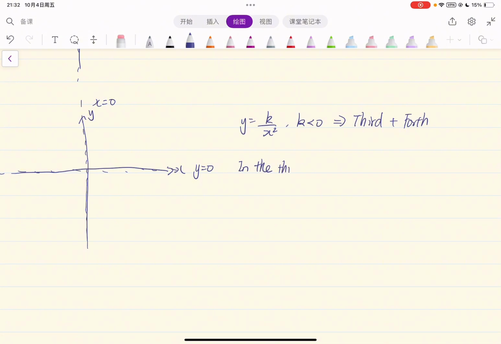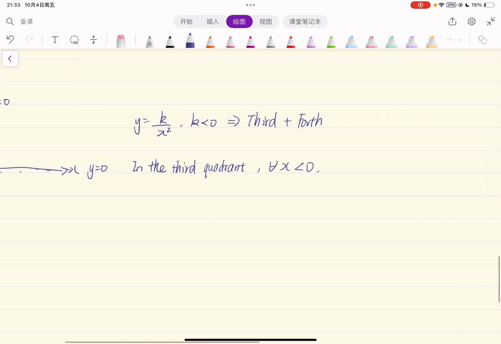So in the third quadrant, what is the relationship between the two functions? For all x less than 0, we need to compare minus 4 over x squared and minus 2 over x squared. If x is less than 0, we can say that minus 4 over x squared is less than minus 2 over x squared.